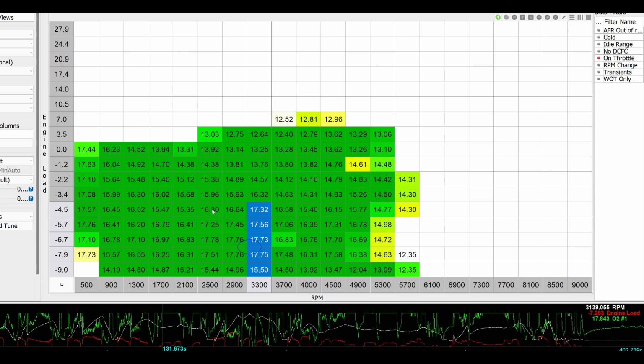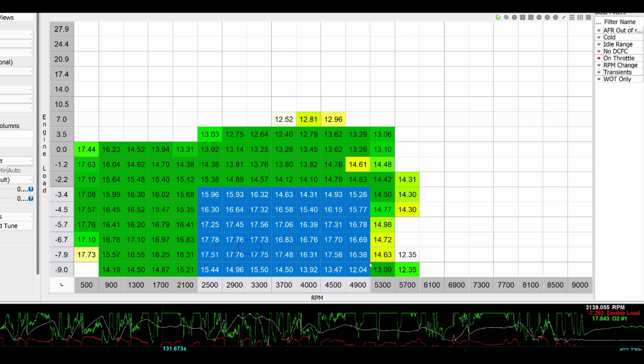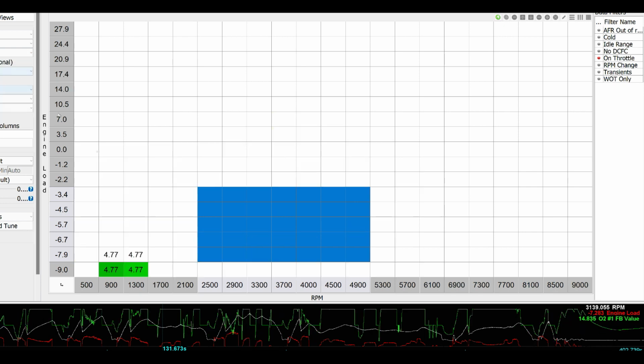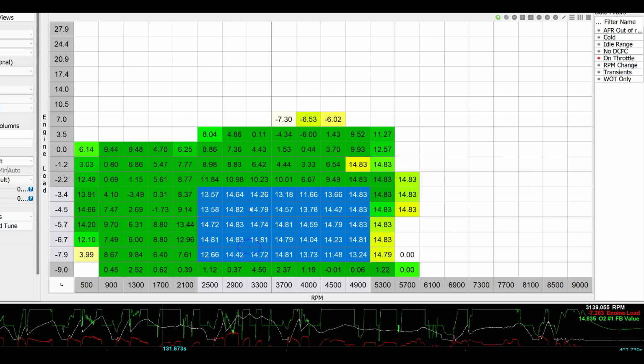We've been dealing with this area of the fuel map, trying to get these values to come in range, and they've been very, very stubborn in terms of just staying around 17, 16, 17 AFR. If we look at the O2 feedback value, again, it's adding the maximum in this area, about 14.8.